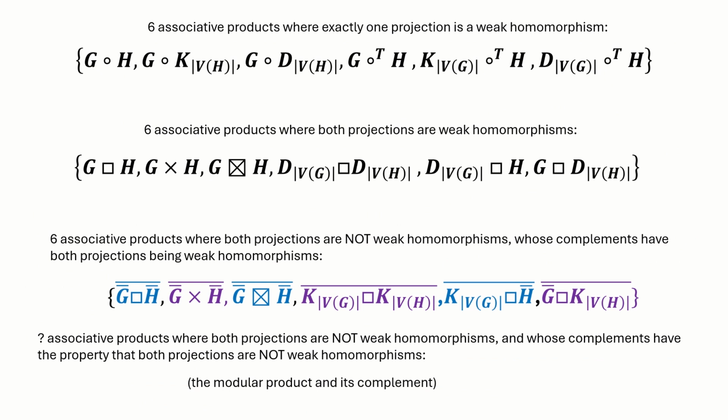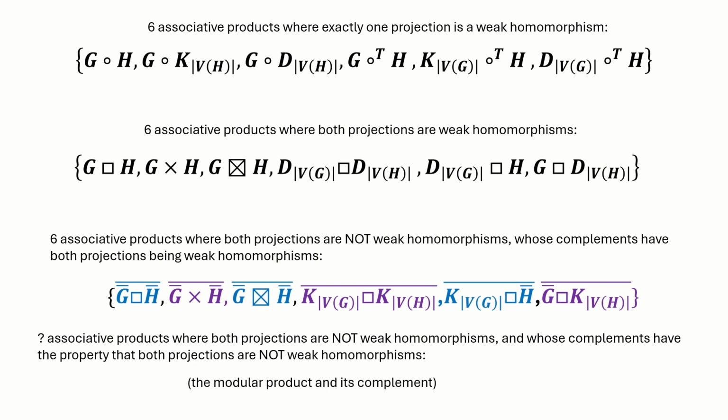We now have 18 associative graph products, and our set N of associative products where both projections are not weak homomorphisms has 6 elements so far. But we're missing some elements of N, specifically those products where both projections are not weak homomorphisms and whose complementary products also have the property that both projections are not weak homomorphisms.